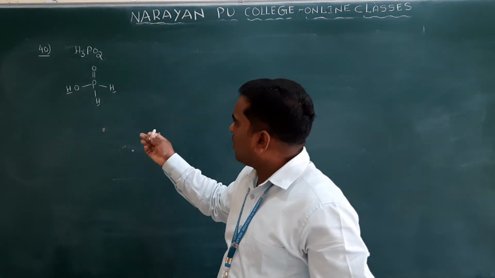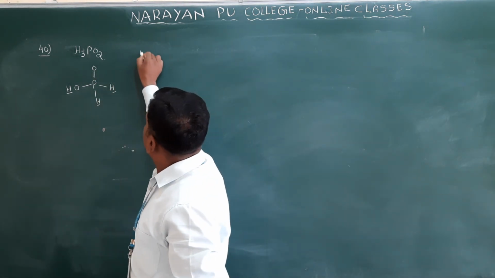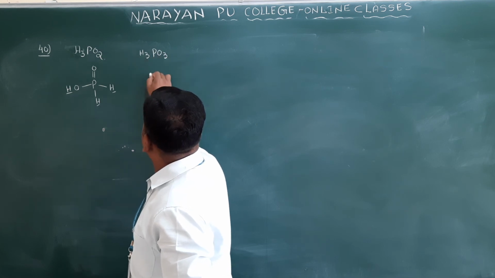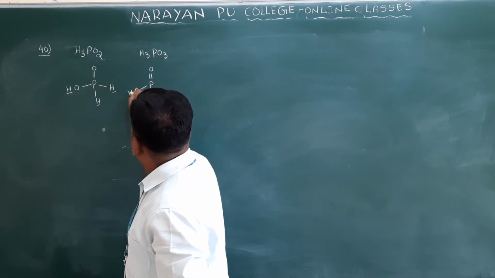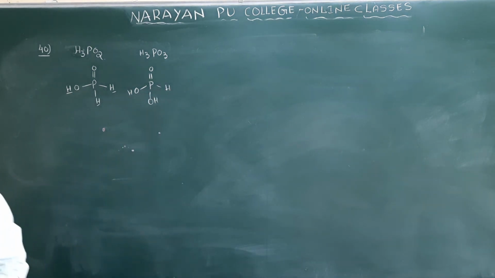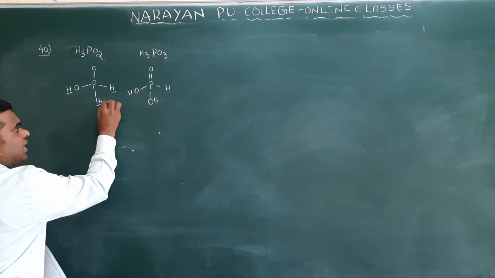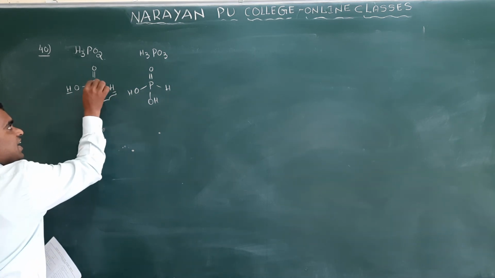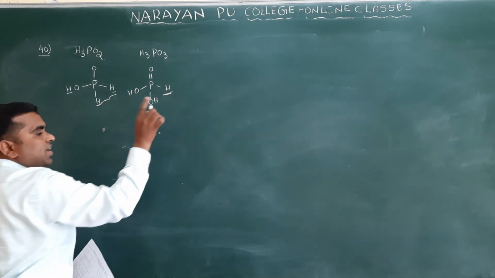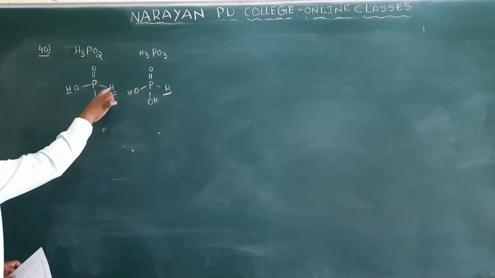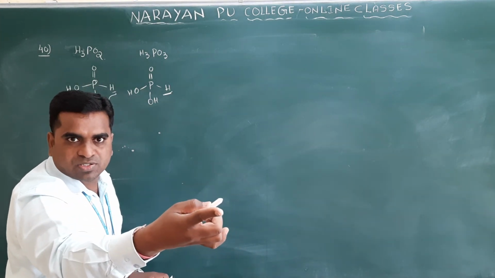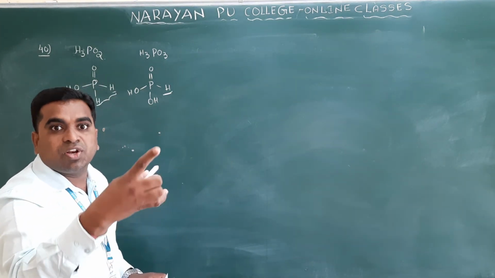Sometimes they will ask about H3PO3 and H3PO2. H3PO3 will be OH and OH and H. Which one is the powerful reducing agent? You have to see the hydrogens directly attached to the phosphorus. How many are there in H3PO2? Two. But in H3PO3, how many? One. So H3PO2 can give two hydrogens to the other substance, so the other substance gets easily reduced.